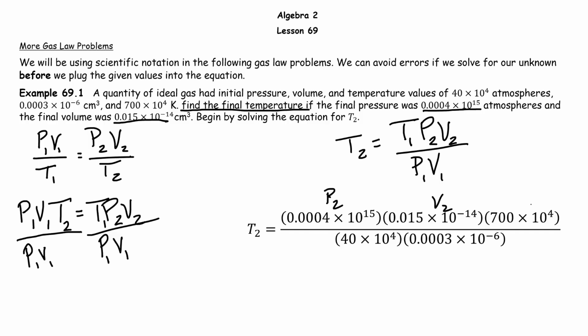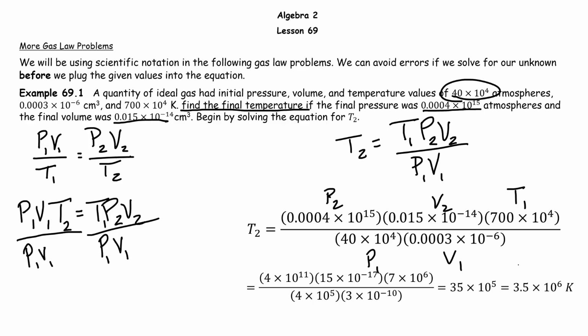And then 700 times 10 to the fourth, that's the original temperature, so that goes right there. And then on the bottom, I've got 40 times 10 to the fourth, which is right here. That's the initial pressure, so that's P1. And then 0.0003 times 10 to the negative 6 is the initial volume, so V1. So I've got everything filled in, and now I just need to simplify it.